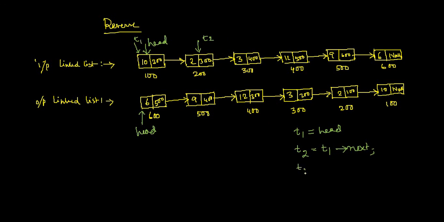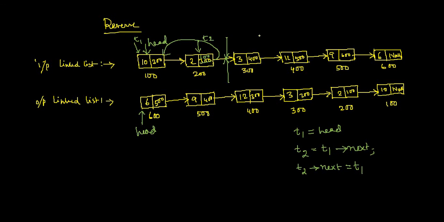Now if you write T2 next equal to T1, then what will happen? This 300 will get replaced by T1, that is 100. So it will be replaced by 100, and this will point to this node. But what problem will occur? This connection vanishes.